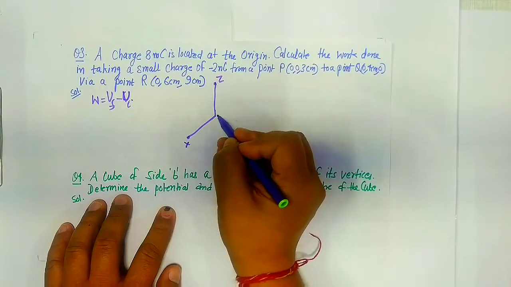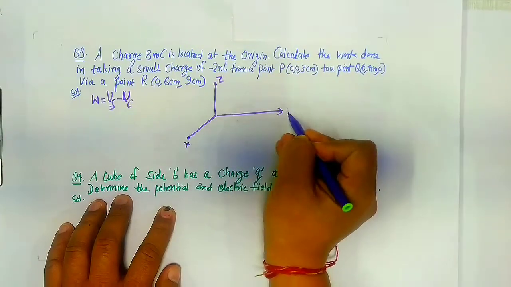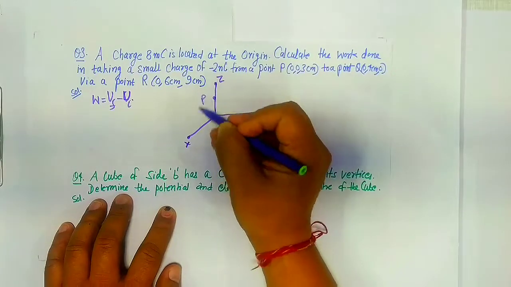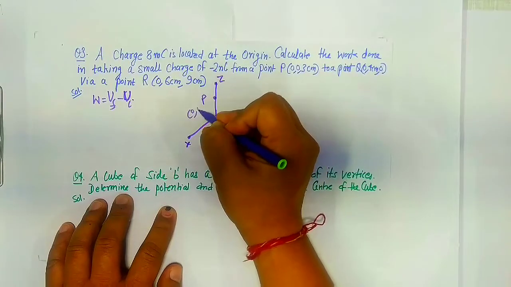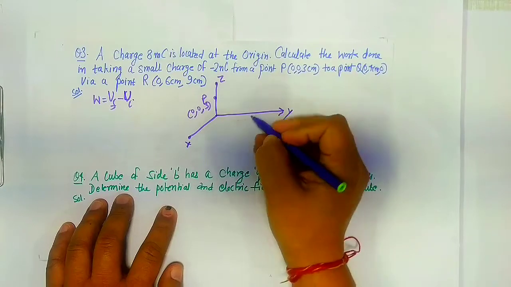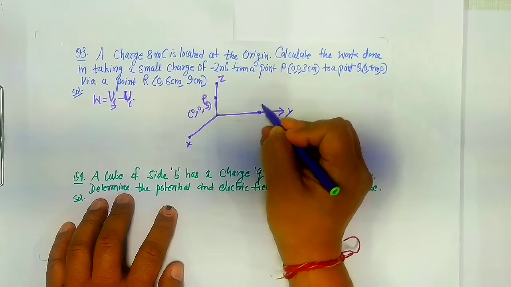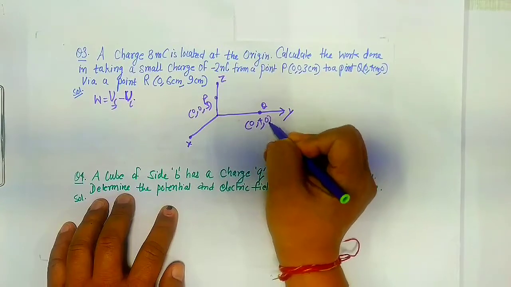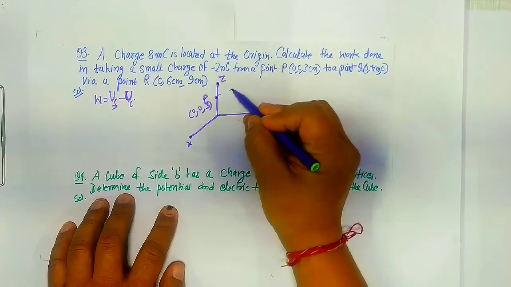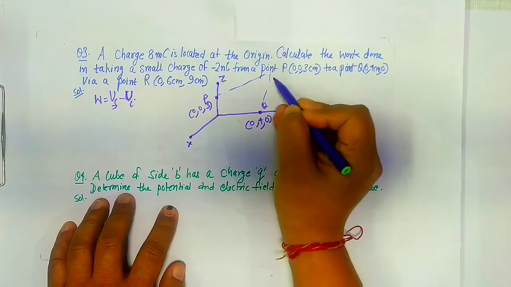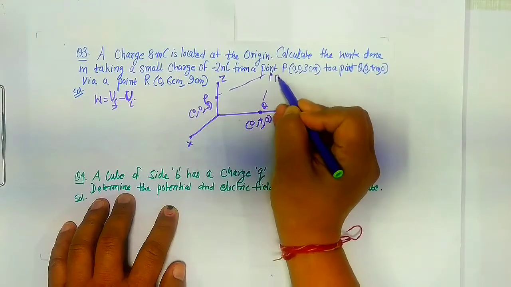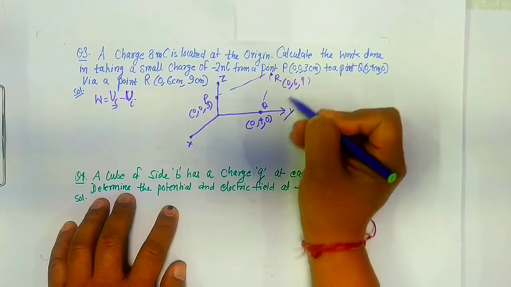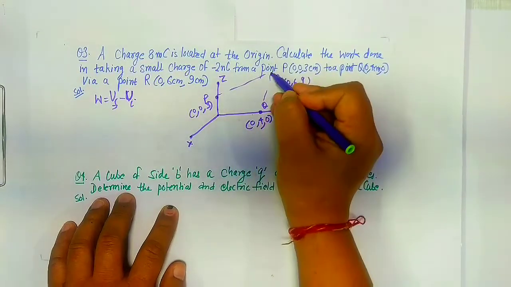This is the x-axis, this is z, and this is Y. Now this point is P, and P has coordinates 0, 0, 3. And this is a point Q. This has coordinates 0, 4, 0. And we are going through the point, say, via R. R is 0, 6, 9. We are going from P to Q via R.